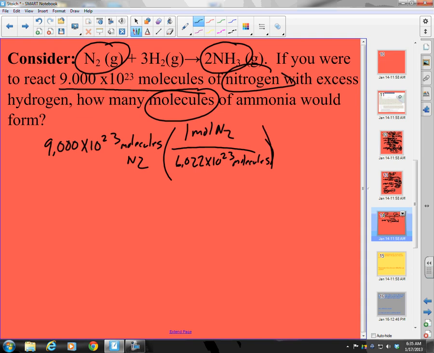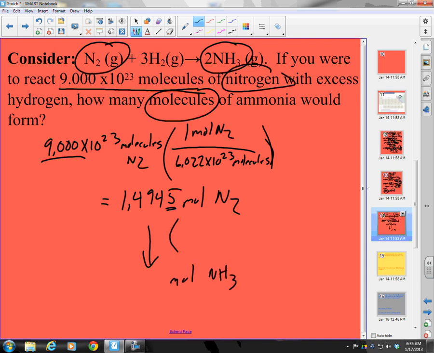Hey, this is going to be a piece of cake. 9.00 times 10 to the 23rd divided by 6.022 times 10 to the 23rd. And what do I get? 1.4945 moles of N2.